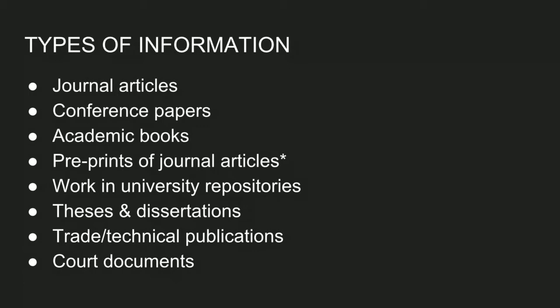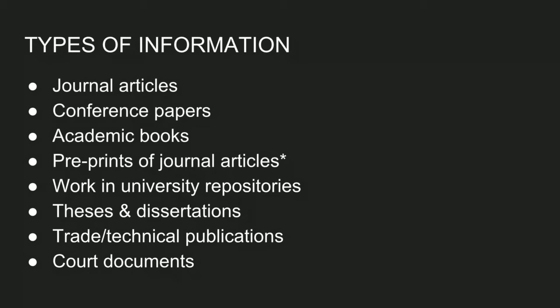You'll also get a lot of information from university repositories. And so these are academics who have put their own scholarly work into university repositories. They may be the pre-published versions, or they may actually be the published versions of their journal articles, whatever they've worked out with their publisher.